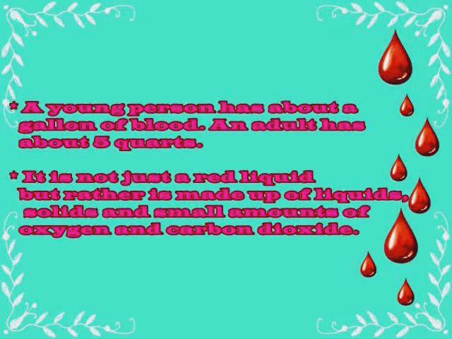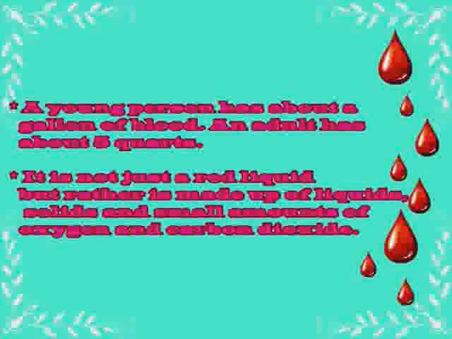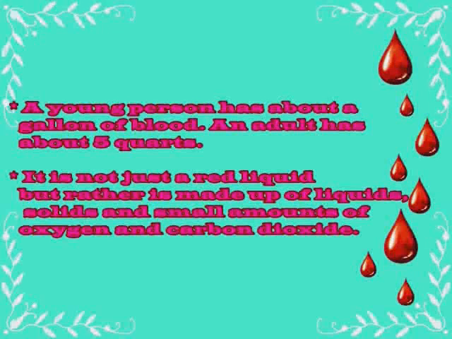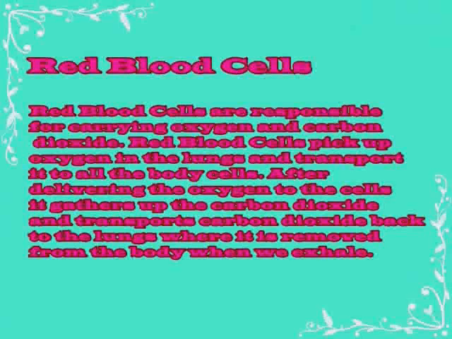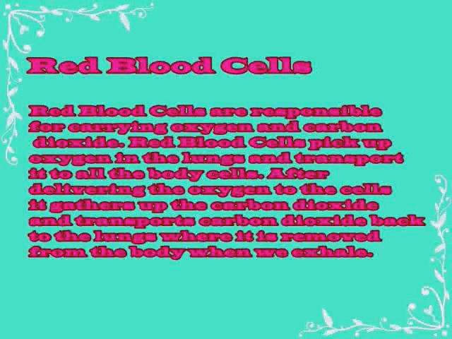Your blood is not just a red liquid, but rather is made up of liquid, solids, and small amounts of oxygen and carbon dioxide. Red blood cells are responsible for carrying oxygen and carbon dioxide. Red blood cells pick up oxygen in the lungs and transport it to all the body cells.